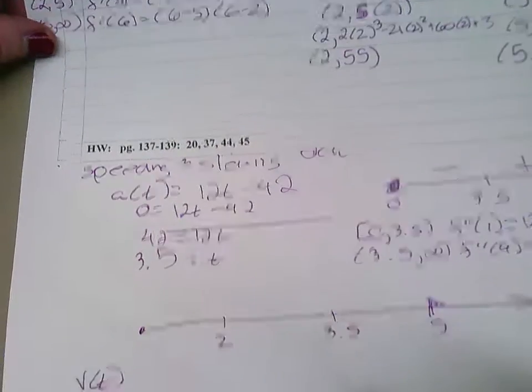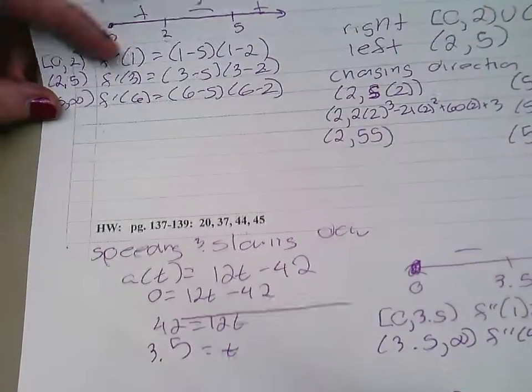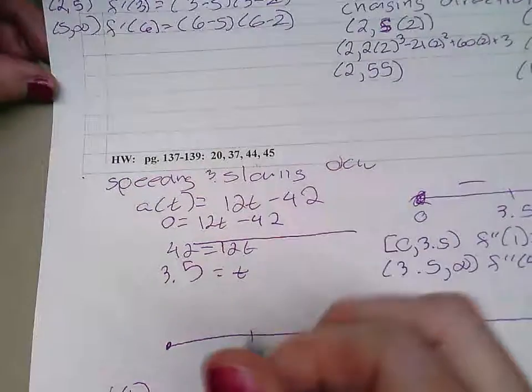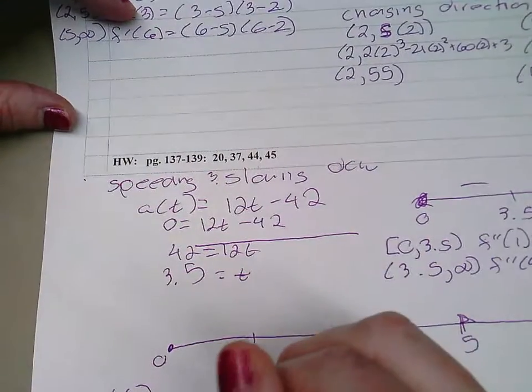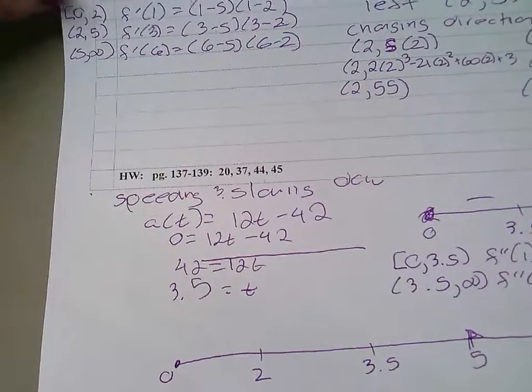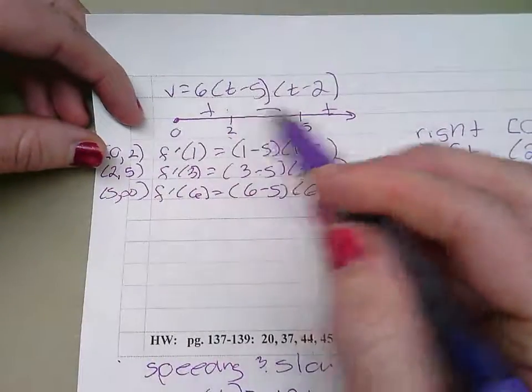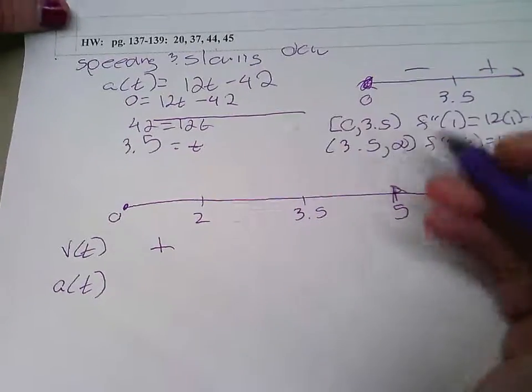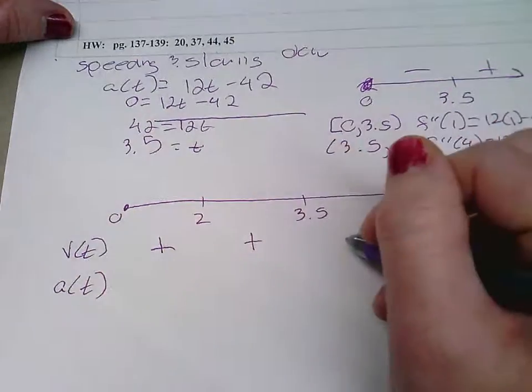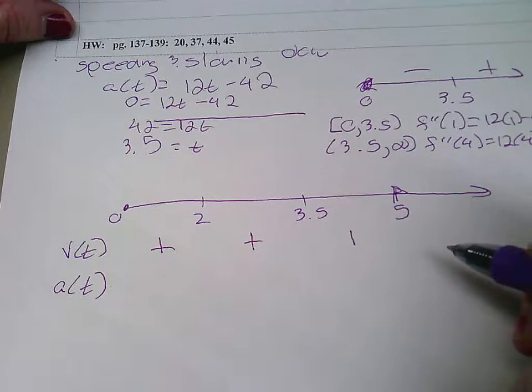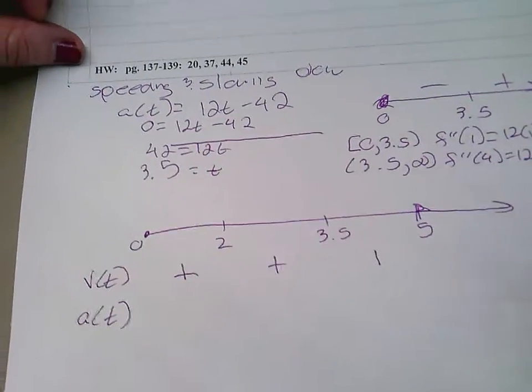So velocity is positive from 0 to 2, and 2 to 5. I mean, it's negative from 2 to 5. My bad.